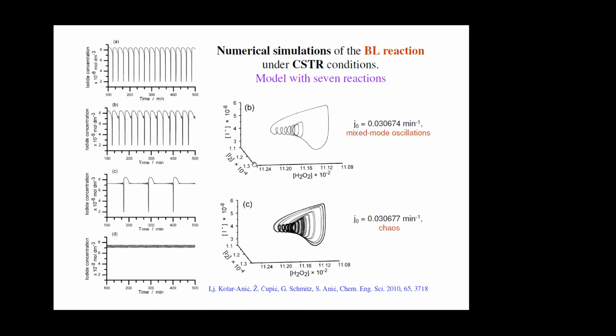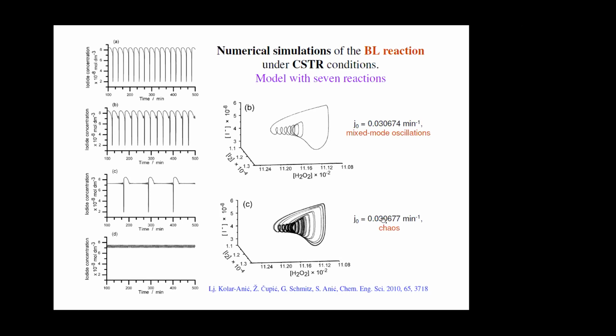Here you can also see two different dynamic states, but presented in a 3D diagram where iodine and hydrogen peroxide concentrations are presented on the axes. In this case, we are dealing with mixed mode oscillations, whereas here we are dealing with chaos.